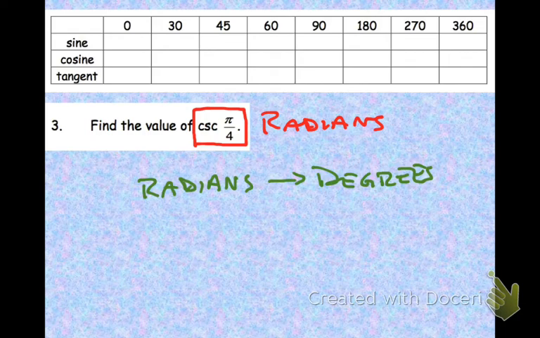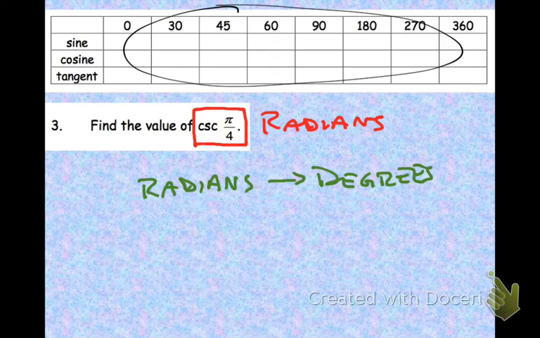So if you change from radians to degrees, then you can use this table up here to figure out exactly what the answer is. I know that cosecant isn't in there, but sine is in there, and you can use sine to figure out cosecant. So use the radians to degrees, and then use the cosecant to sine to figure out the other part.